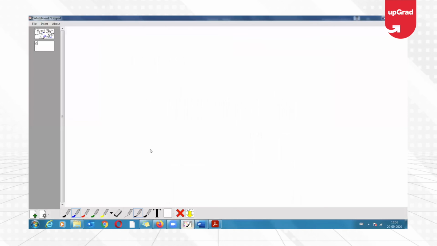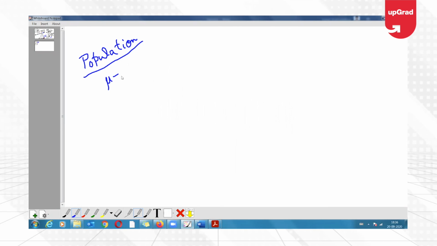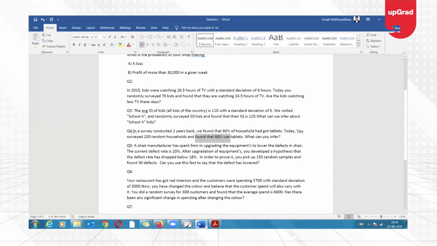Let's figure out. So let's first write down the population information we have. The population information is, 2 years back, 60%, right? 60%.